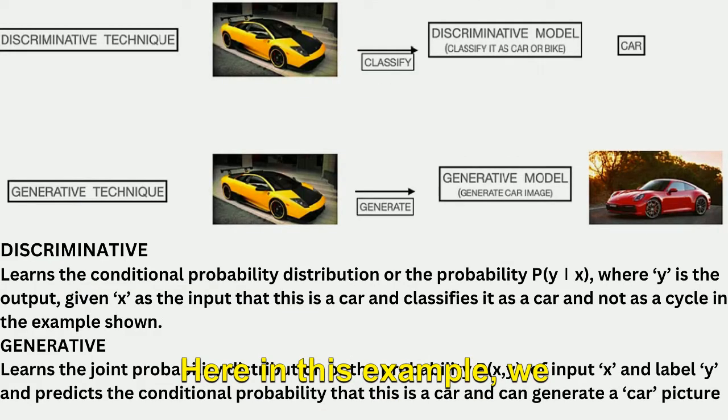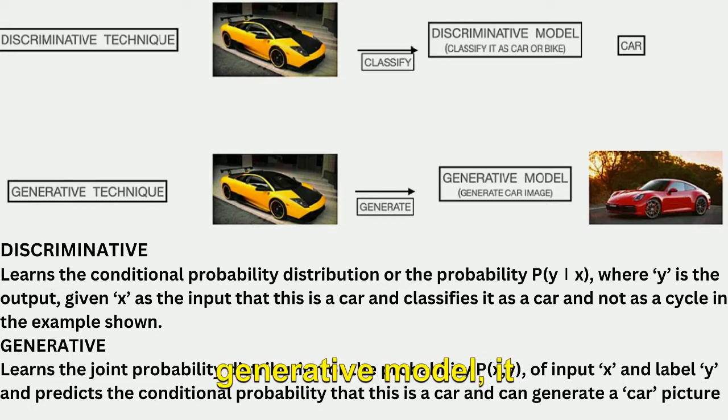Here in this example, we would like to show the difference between the discriminative and generative models through statistical terms, or the probability distribution. A discriminative model learns the conditional probability distribution P(y|x), where y is the output given x as the input, that this is a car, and classifies it as a car and not as a cycle in the example shown.